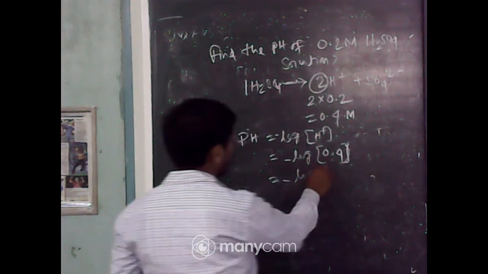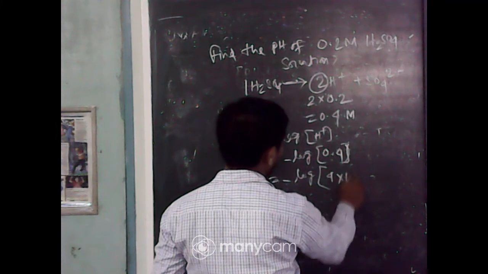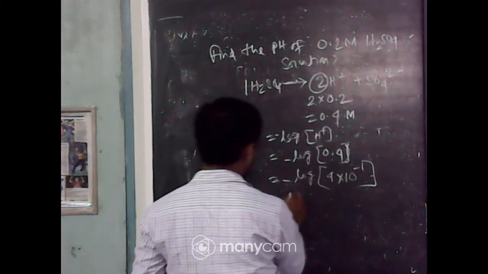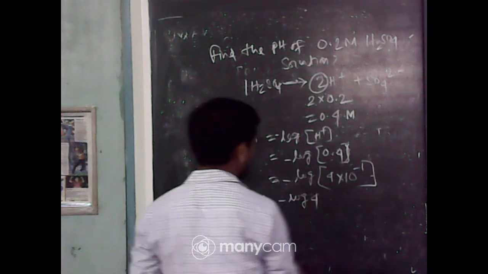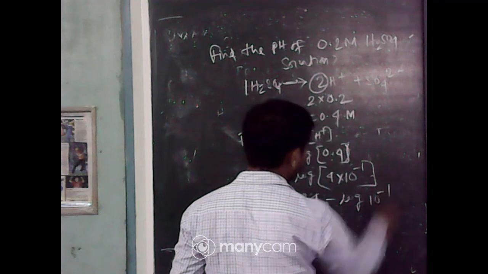Minus log 0.4, that is equal to 4 into 10 to the power minus 1, that is minus log 4 minus log of 10 to the power minus 1.